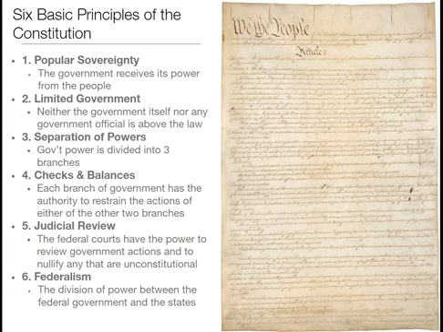And lastly, we have federalism. This is the division of power between the federal government and the states. There are certain powers that are given to our federal government or national government, and certain powers that are designated to the states to allow them their own sense of freedom. Those powers cannot be taken away.